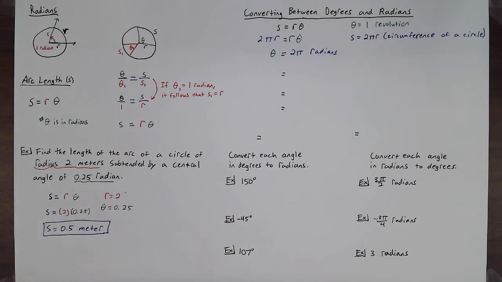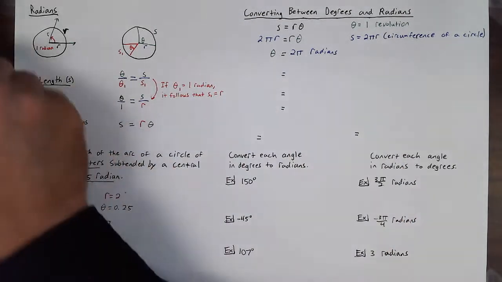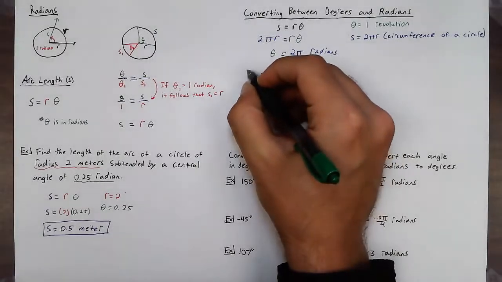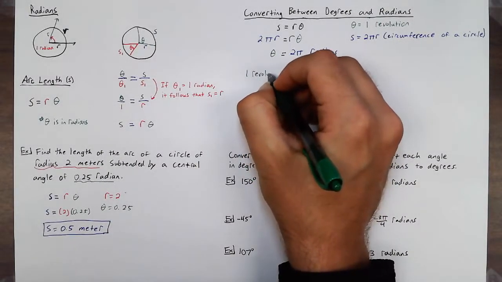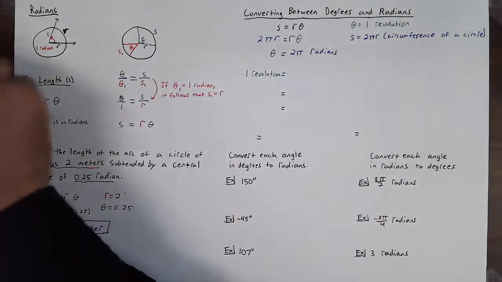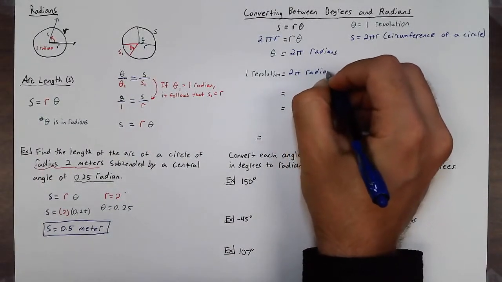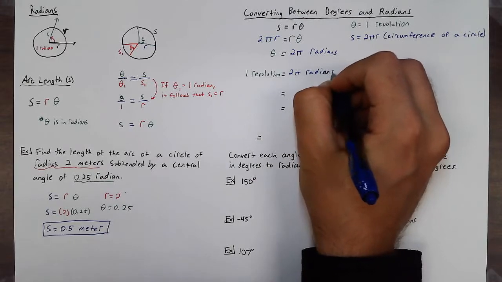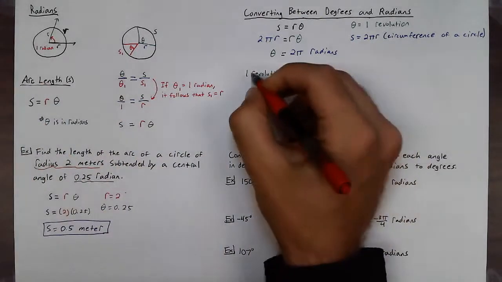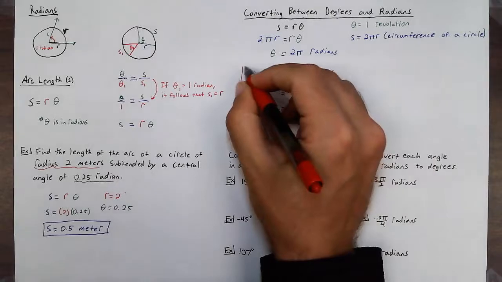Very nice. Now, we just talked about theta being equal to 1 revolution, so a full revolution is equal to 2 pi radians, which is that first conversion rate formula you want to keep in mind. If you ever hear of a full revolution, that's 2 pi radians.